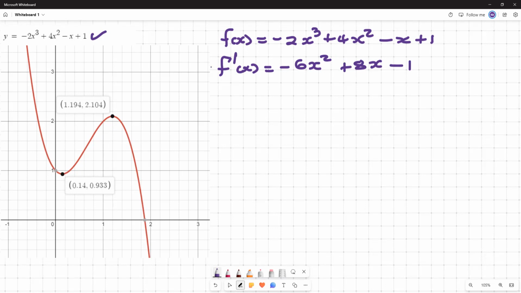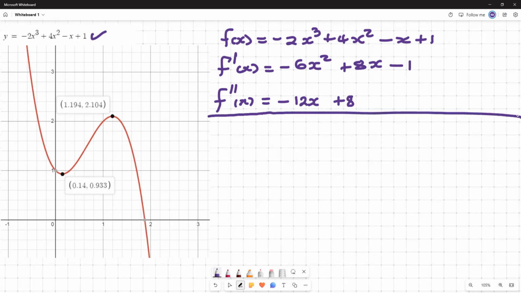This is the first derivative, right? And then let's do the second derivative. The second derivative will be minus 12x plus 8. Right. Perfect. So we have all the information we need.